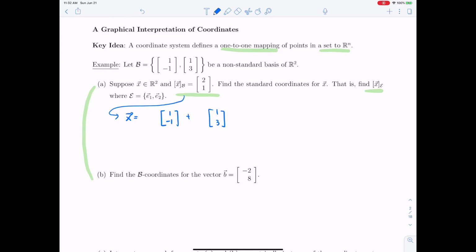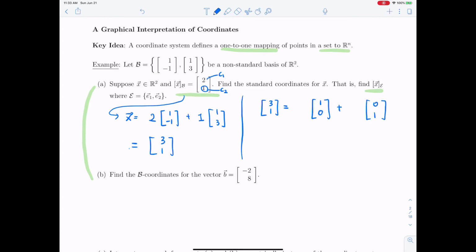And the coefficients for these two vectors are given by 2 and 1. So you can fill in the blank with 2 and 1 in this case. Or this gives you, I guess, 3 and 1. On the other hand, to find the E coordinate, you want to find the coefficients for this linear combination.